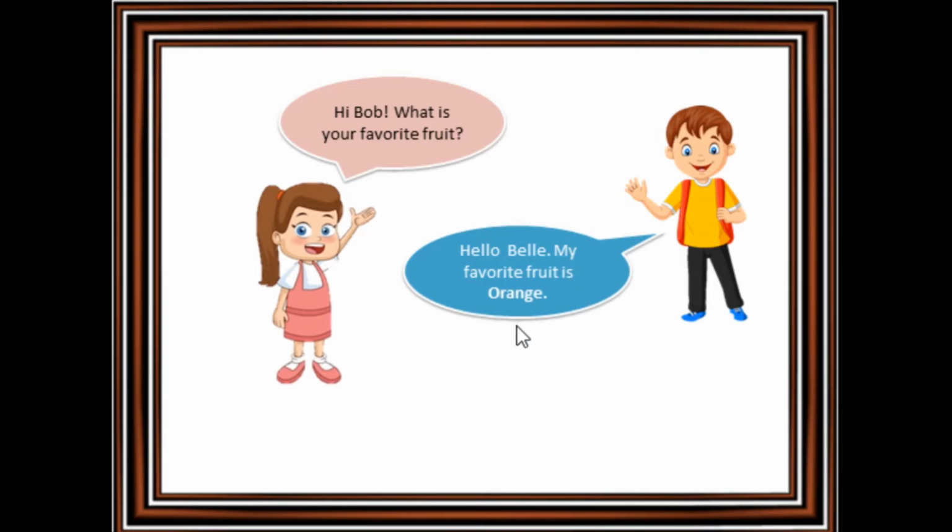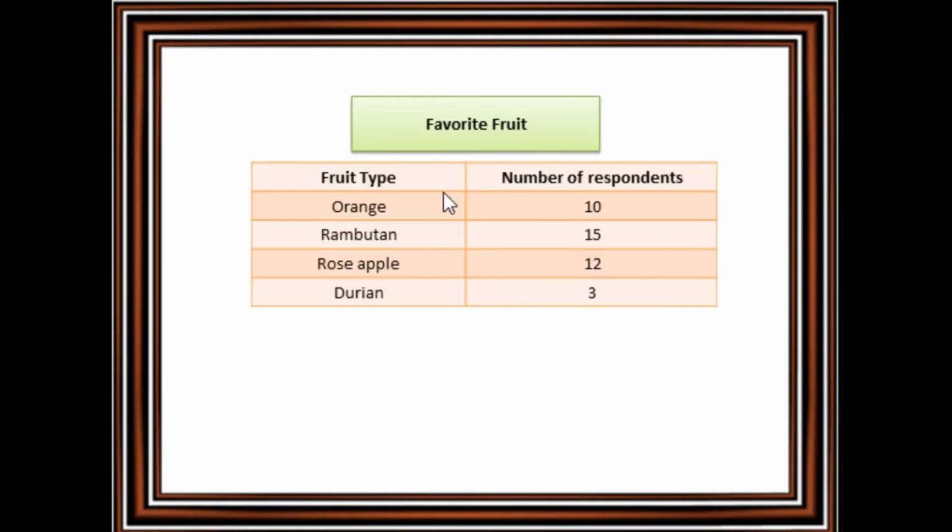We are trying to make a table about students' favorite fruit, and she's going to ask this to 40 people. After asking 40 people, she had now made the table. The title is Favorite Fruit, with 2 columns, fruit type and number of respondents. These are the names of fruit, and these are the data gathered.